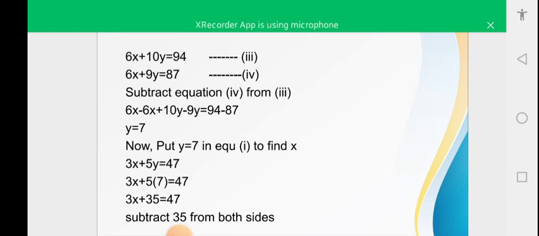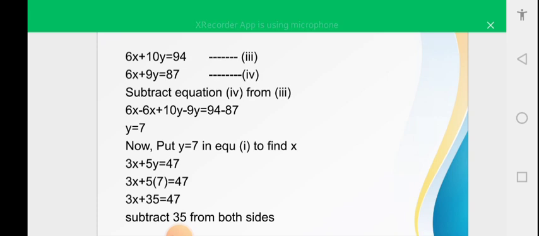The coefficient of y in equation 3 is 10 and here it is 9. So the coefficient of y in equation 3 is greater than that in equation 4, and as well, 94 is greater than 87. So preferably you need to consider this if appropriate. So we subtract equation 4 from equation 3, since equation 4 is less than equation 3.